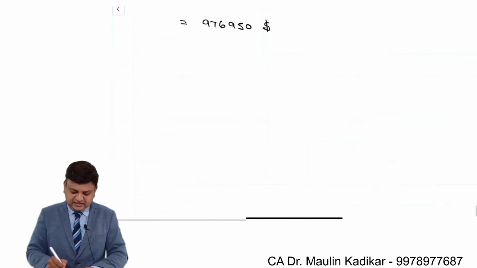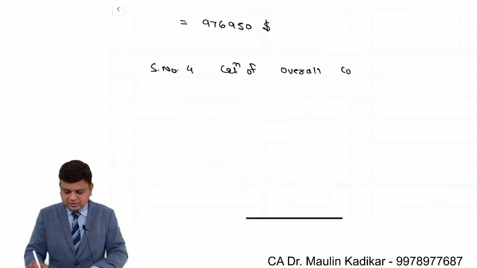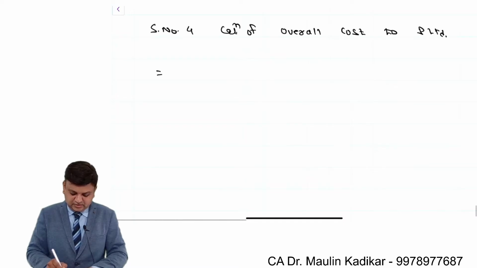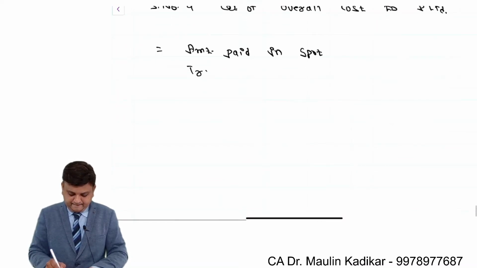So finally, step number 4. Calculation of overall cost to P Limited. It will be calculated like this: amount paid in spot transaction minus profit in futures.